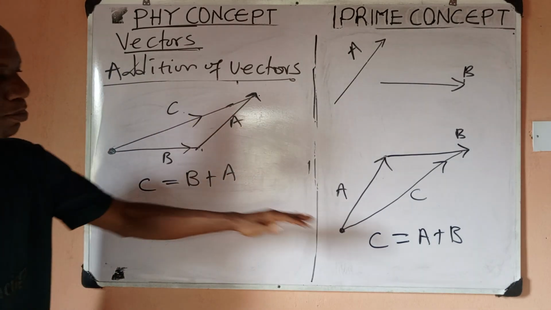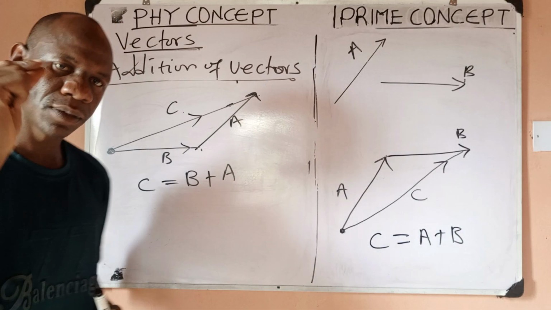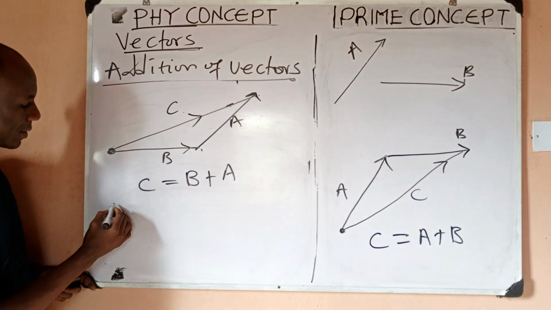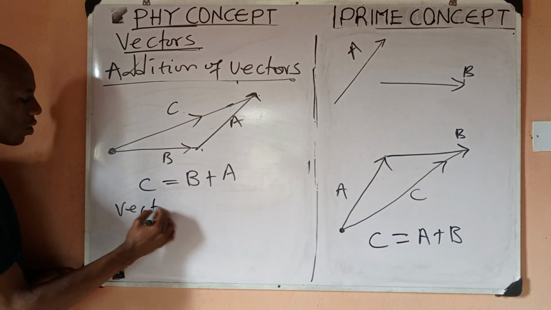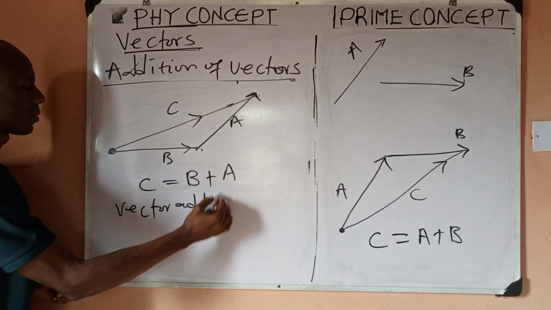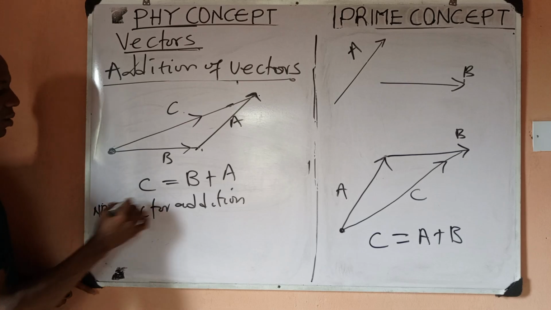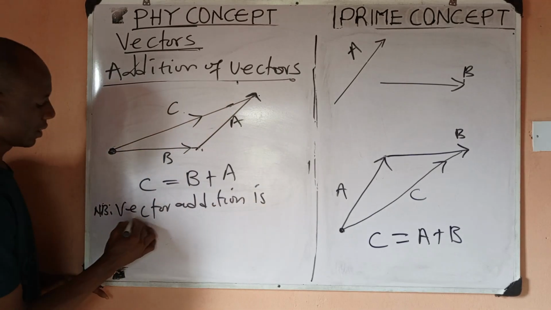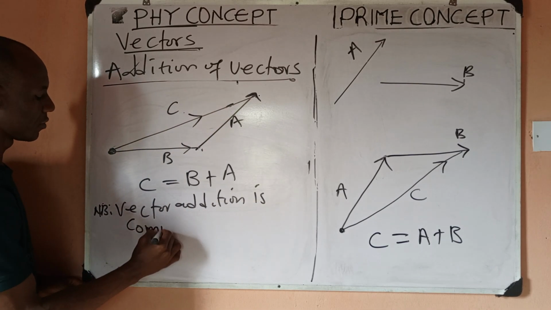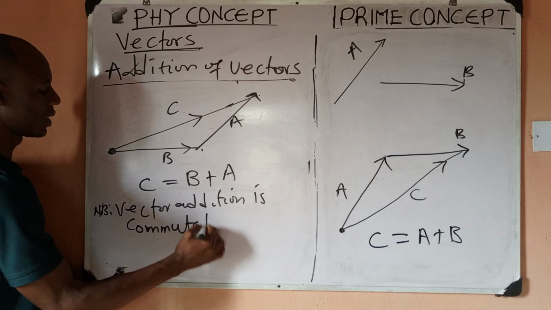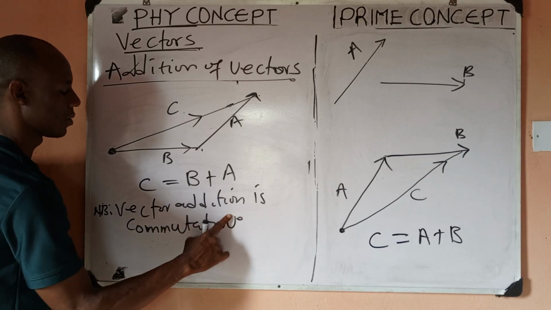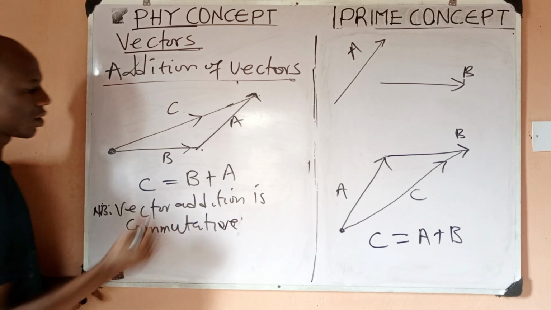This quickly brings us to something you need to know, that vector addition is commutative. What does it mean?